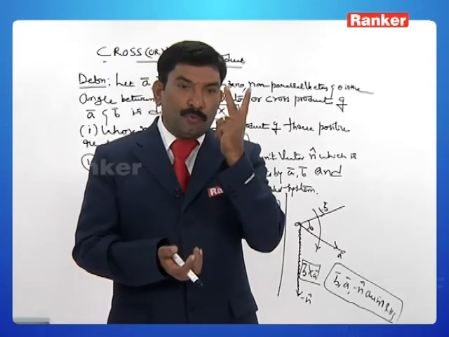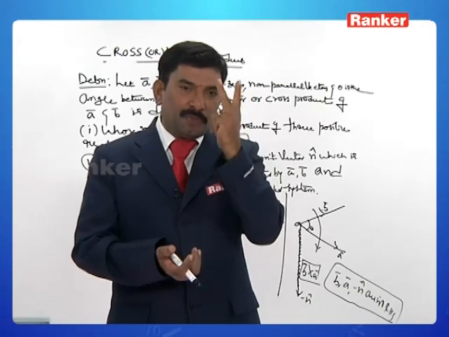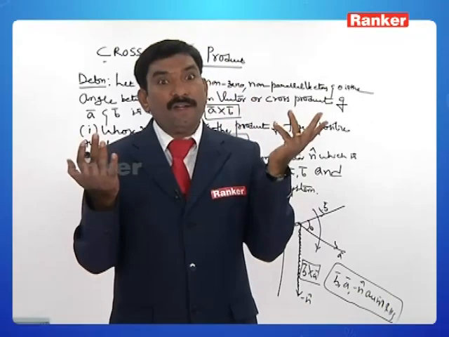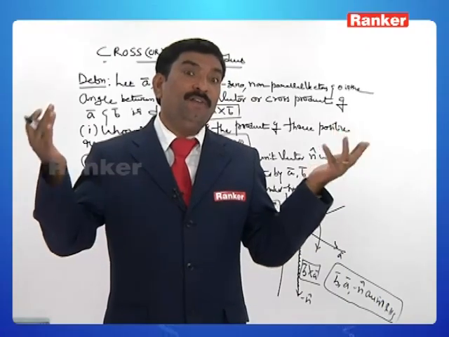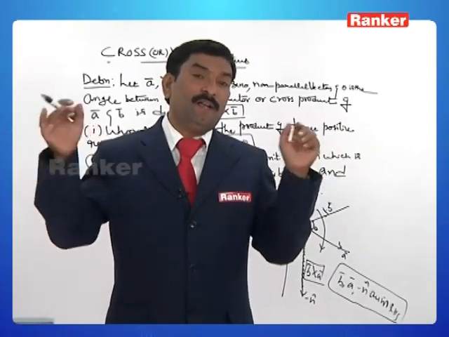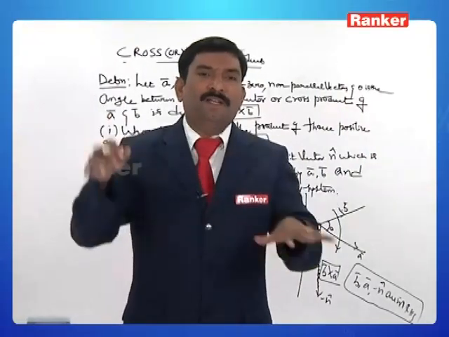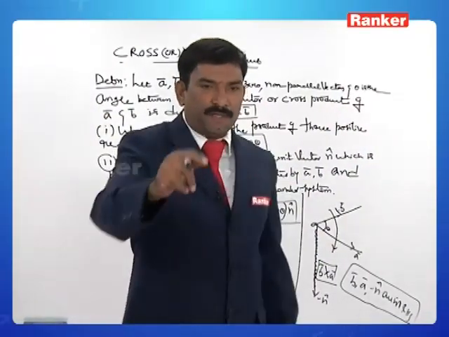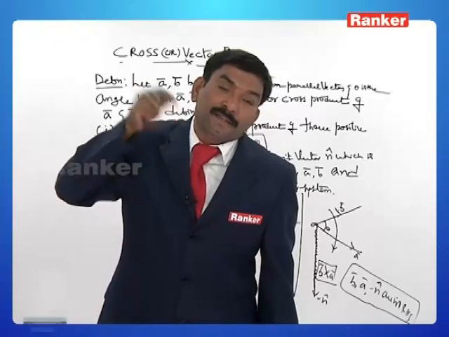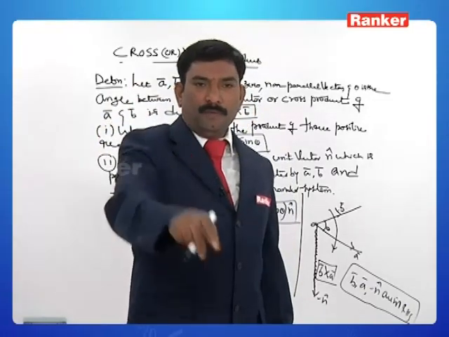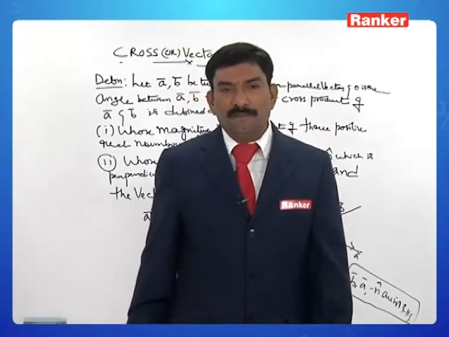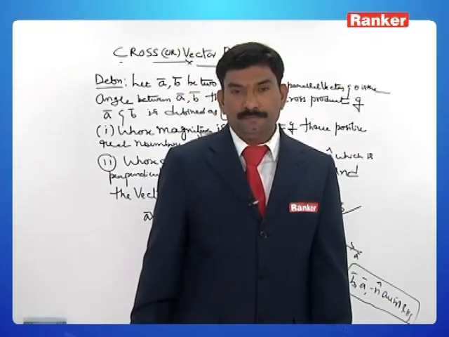They are infinite. Among them, A cross B is one vector. Then how many unit vectors are perpendicular to the plane containing A bar and B bar? Only two. One is n cap, other is what? Minus n cap.